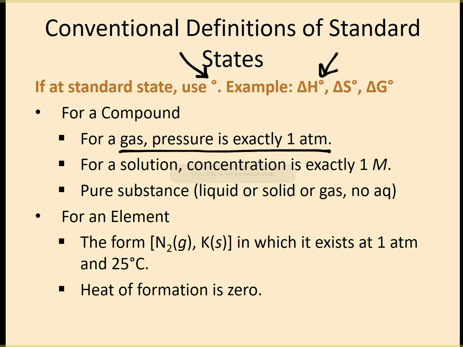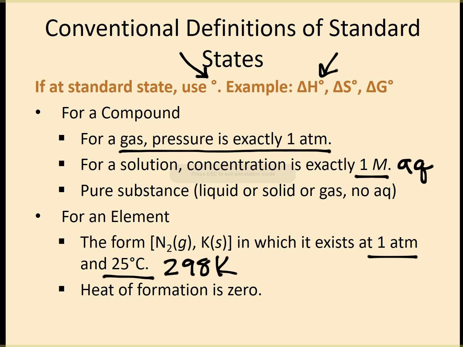For a solution, if it's AQ, aqueous, the standard state means we were at a 1 molar solution. And for an element, our pressure, again, will be 1 atmosphere if it's a gas, and we are always going to be at 25 degrees Celsius or 298 Kelvin if we need a Kelvin value. These are the standard definitions of when these numbers are measured.